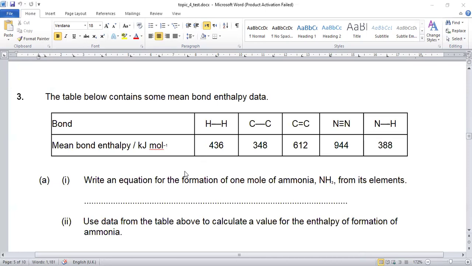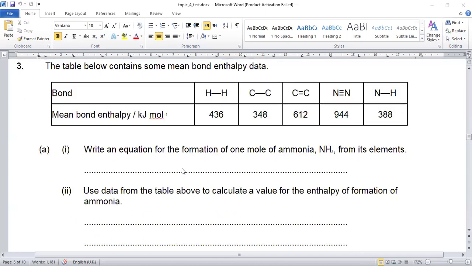Write an equation for the formation of 1 mole of ammonia from its elements. To get 1 mole of ammonia from its elements, we will need nitrogen and hydrogen, N2 and 3 H2. How can we balance without changing the number of moles of ammonia?